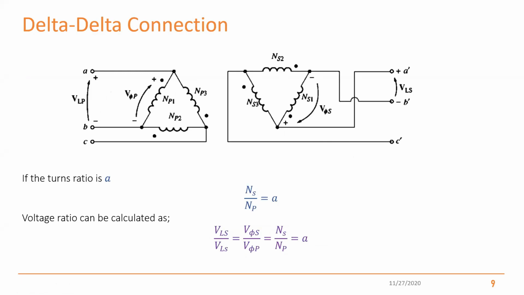On the other hand, in the delta-delta connection, since both windings are delta, in either way the third harmonic components are addressed properly. So there's no issue about third harmonic in the delta connection, and whatever third harmonic component is here does not flow into the other side as well. So it is not a big problem. The only drawback could be the cost.